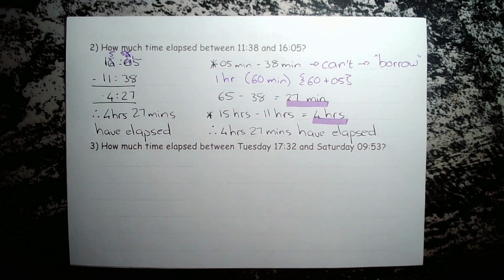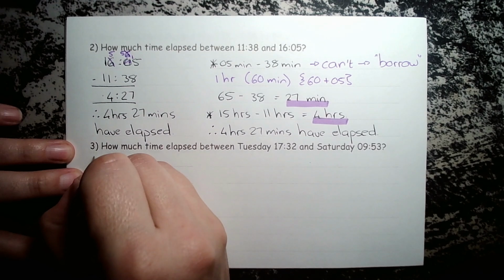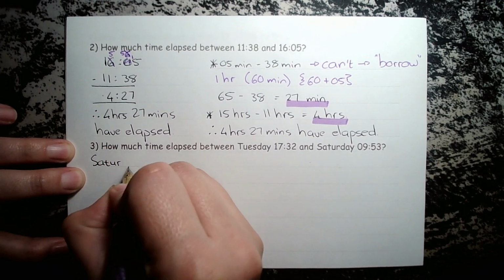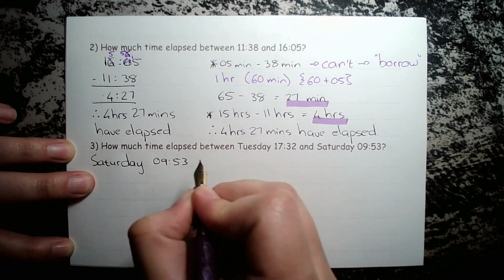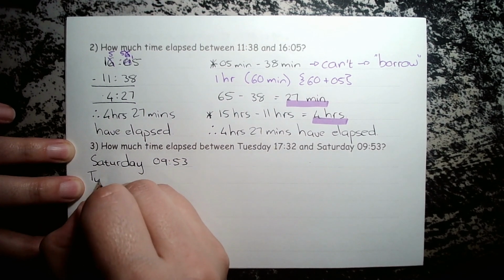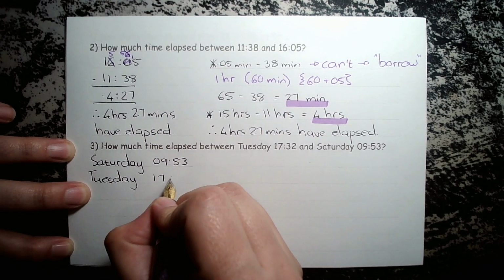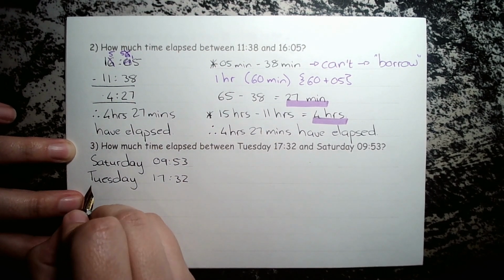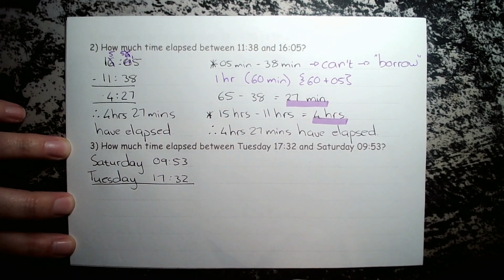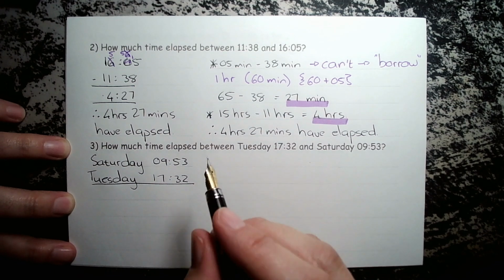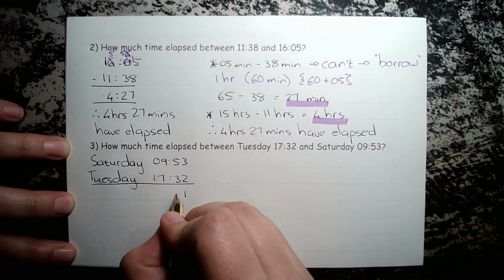Okay, so in our column method, we can have Saturday 9:53, and then we will have Tuesday 17:32. 53 minus 32, I will be able to do that. I don't need to worry about borrowing. 3 minus 2 leaves us with 1. 5 minus 3 leaves us with 2.